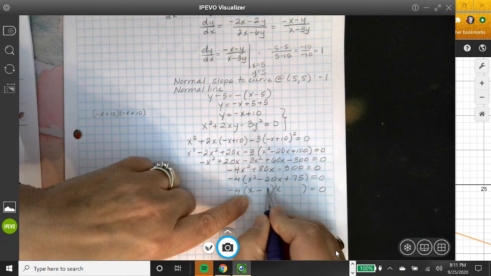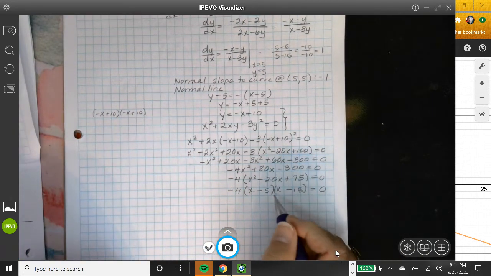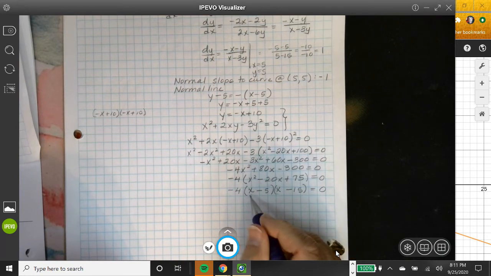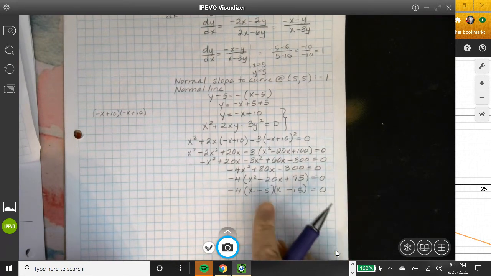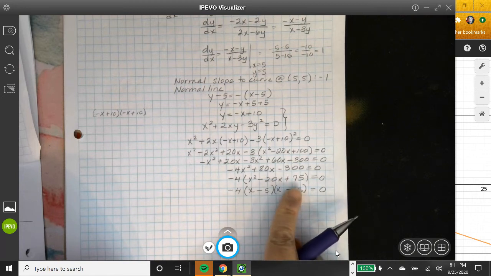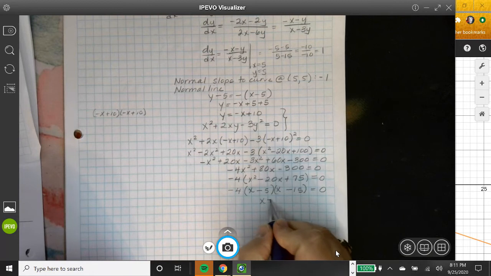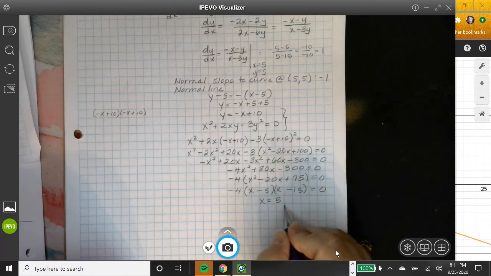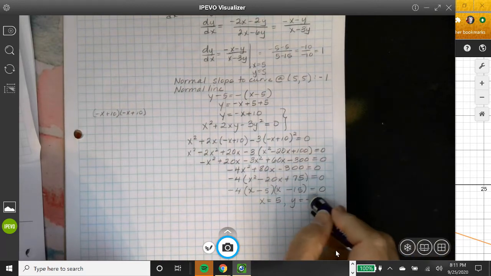So I'm going to say negative 5, negative 15. Now let's see if that works. The inner product is negative 5. The outer product is negative 15, which adds to negative 20. And then negative 5 times negative 5 is indeed positive 75. So my solutions are x equals 5 and x equals 15.